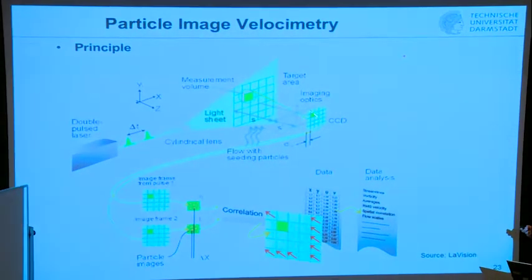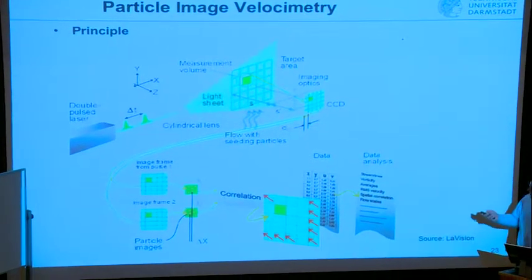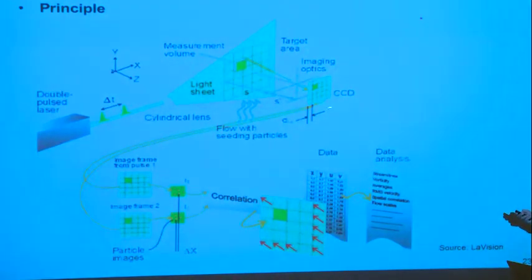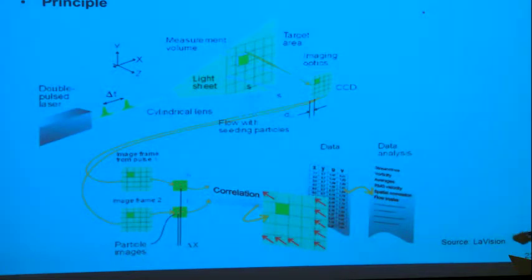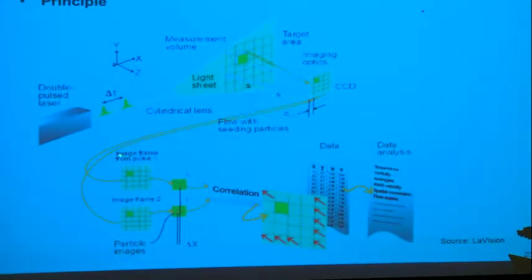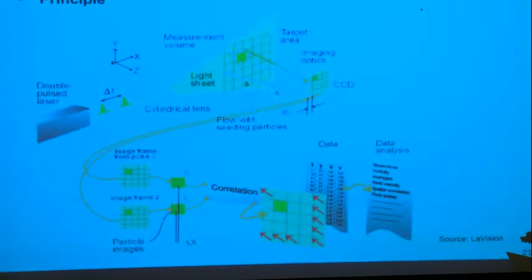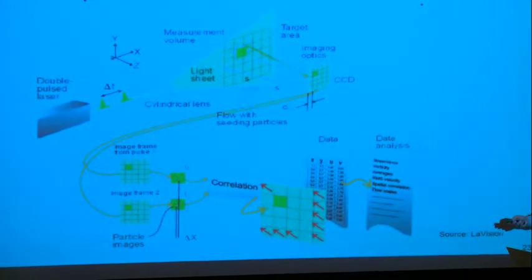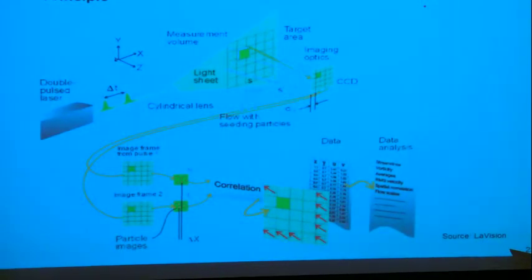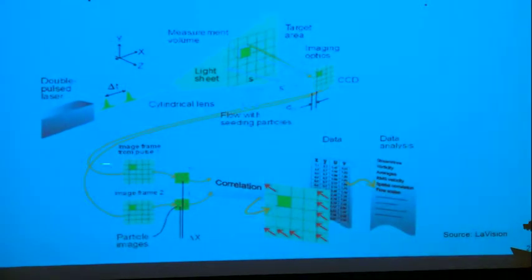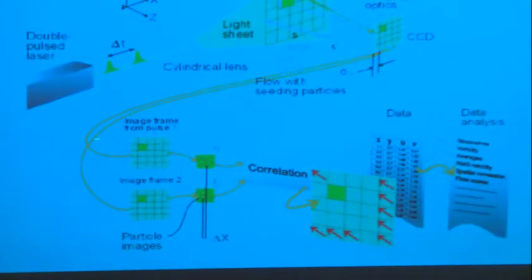Okay, so let's assume that you now have 2 exposures with which you have measured the instantaneous position of particles. This is shown over here, image from pulse number 1 and image from pulse number 2. What you do then is you subdivide this area into so-called interrogation volumes, which are these small squares over here.